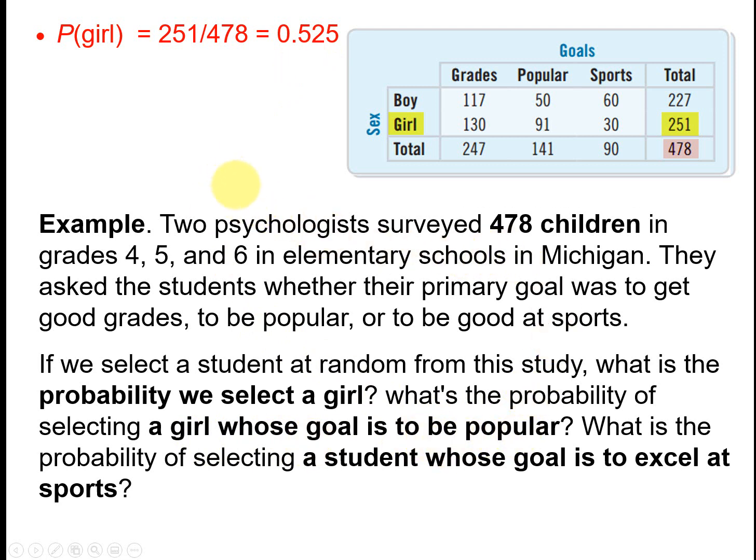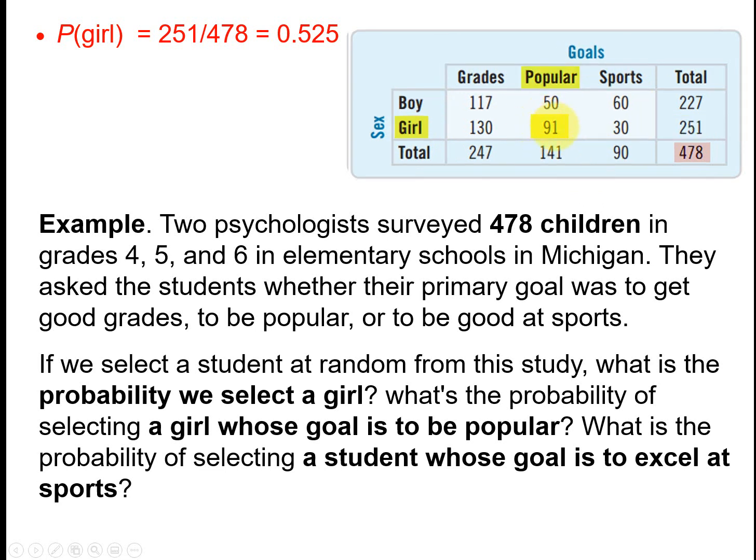So we are concerned with the probability of selecting a girl, and their goal is to be popular. We can see in the highlights their intersection, 91, out of the total 478. And here's the mathematical work, 91 divided by 478 equals 0.190.